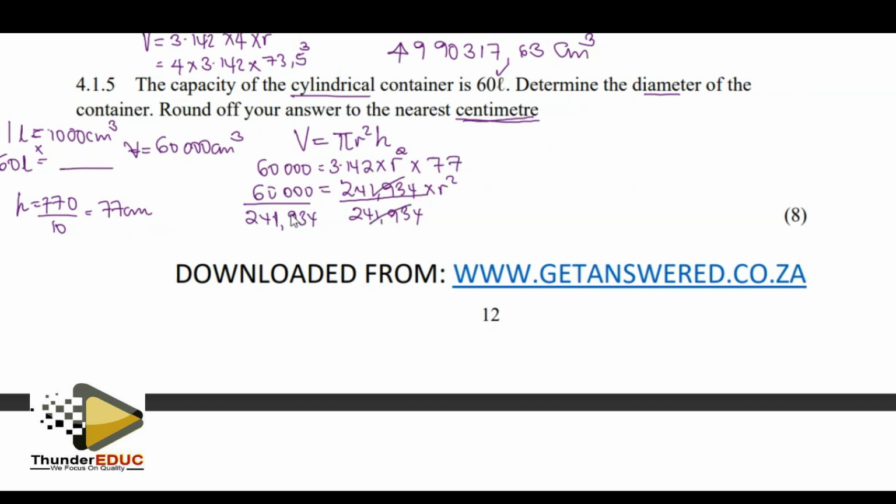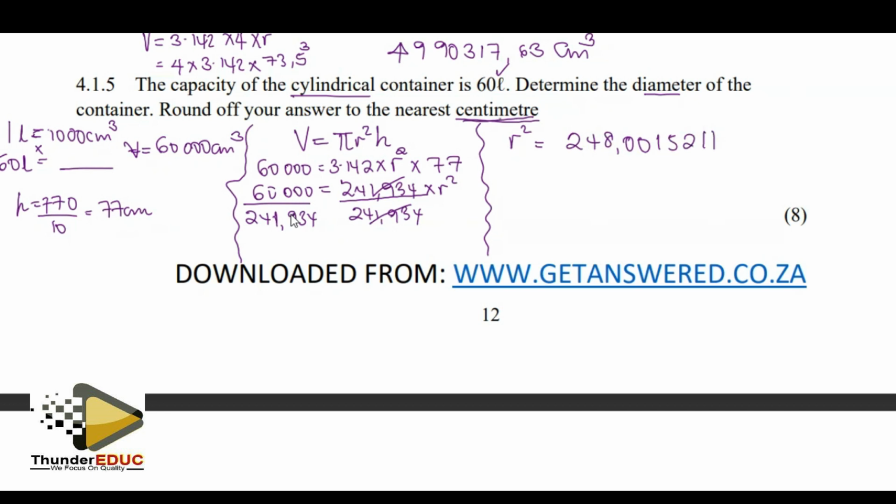So I'm remaining with radius squared equals, when I divide 60,000 by this number, I end up having 248,0015211.